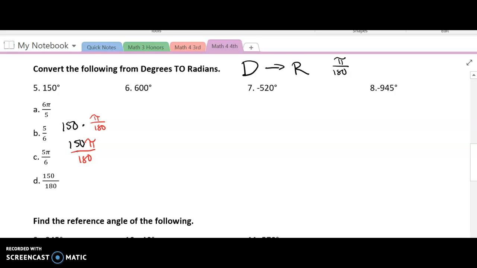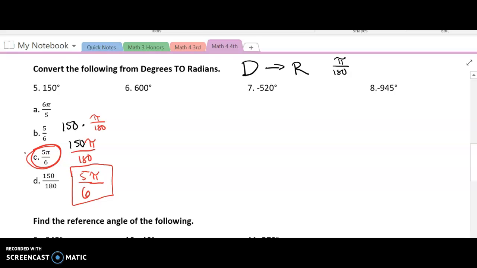And 150 over 180 is 5 over 6. And the last part is I have to insert my pi on the numerator. And so my answer becomes 5 pi over 6, which is C.